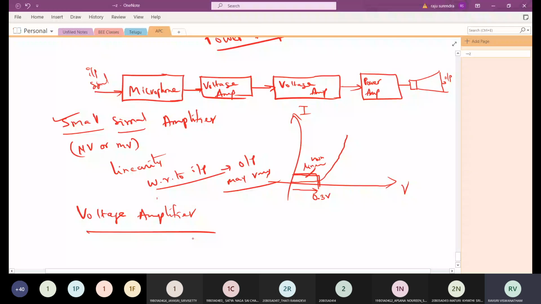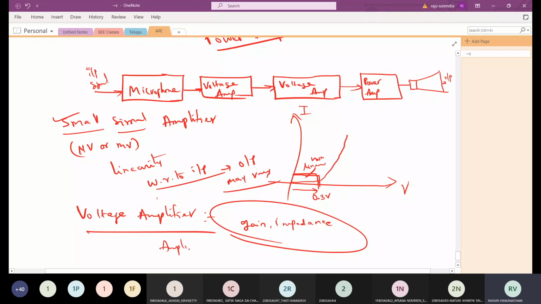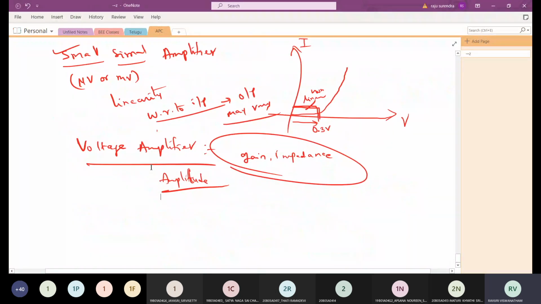In this voltage amplifier, there are many parameters like gain, impedance, and some other parameters, but these won't change. There is a change exclusively in the amplitude, that is small signal amplifiers.